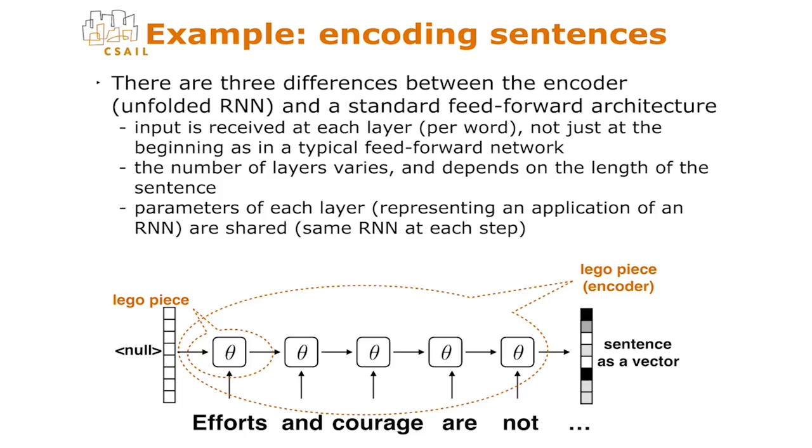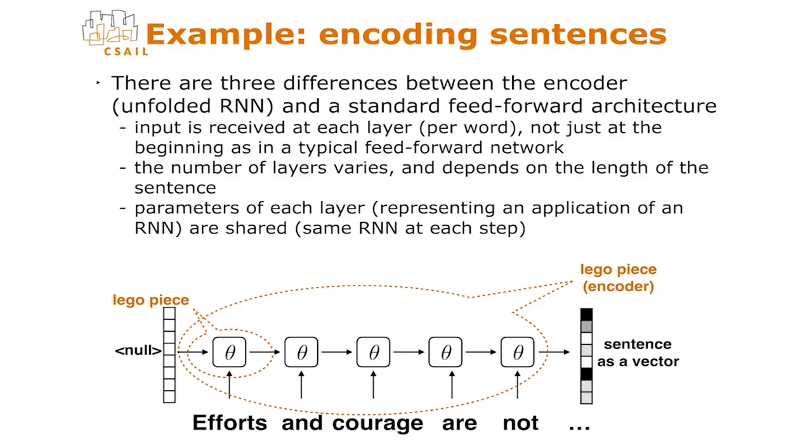And indeed, it has many similarities. However, there are also a few differences. First, we will feed in input to each of these layers. If you think of applying a box as a layer in feed-forward neural networks, then now input is received at each layer as well as from the layer before. Layer before provides the previous state.